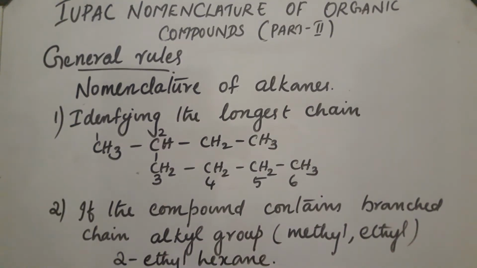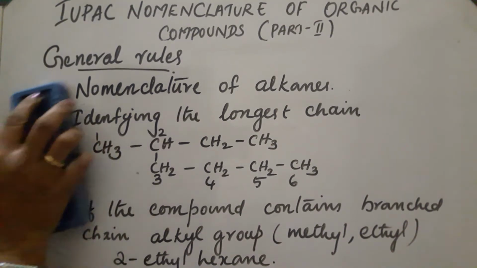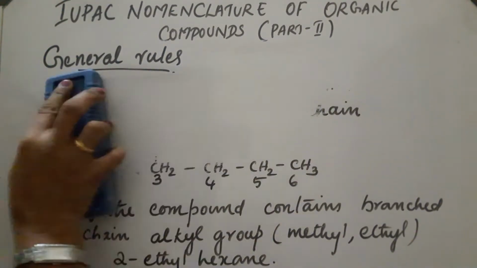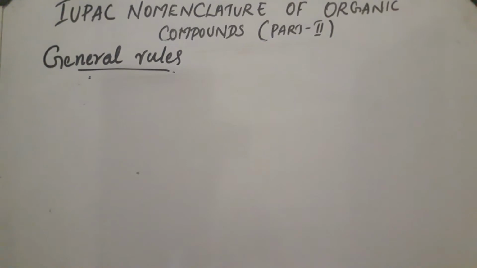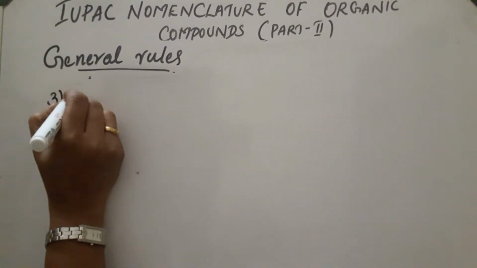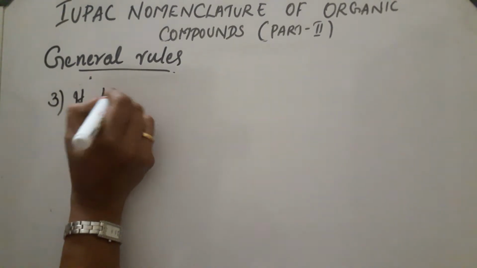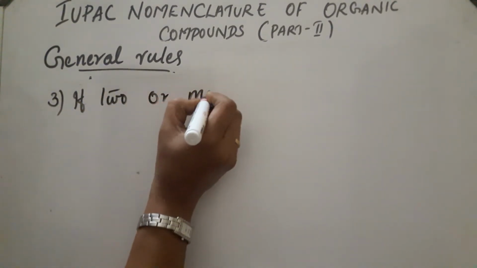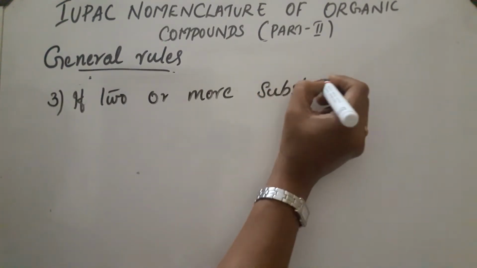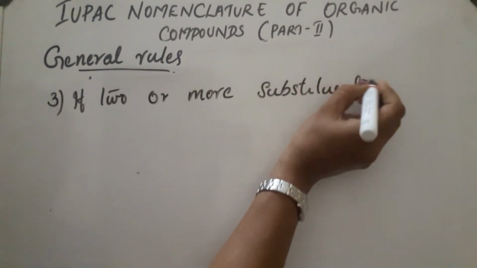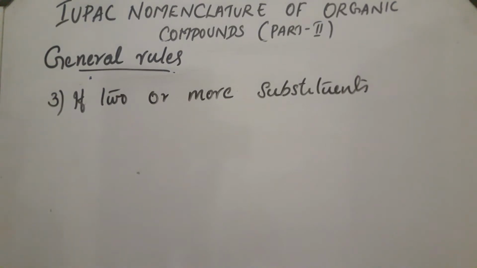Next, the third rule is, if two or more substituents or branches are present, name the compound according to alphabetical order.